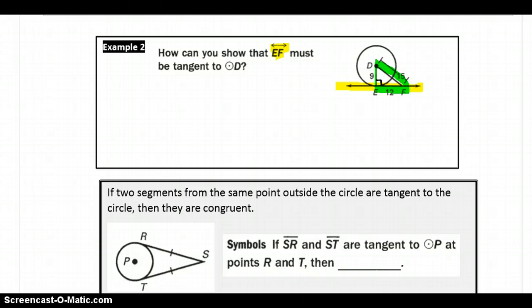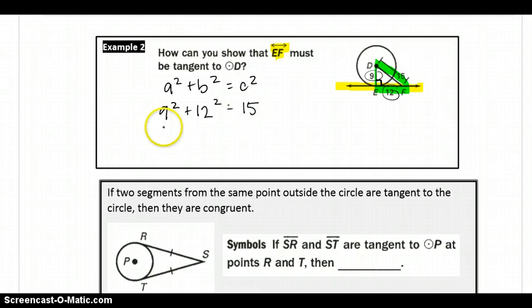And to prove it is a right triangle, we want to see if the Pythagorean theorem, a squared plus b squared equals c squared, holds true. So what will we plug in? For a and b, we will plug in 9 and 12. And for c, we plug in for our hypotenuse 15.